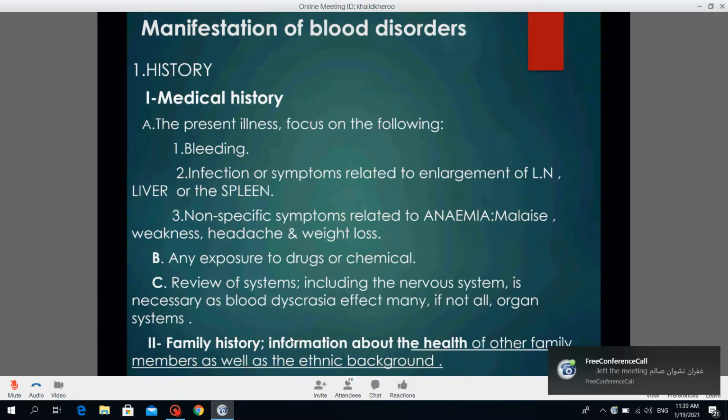Physical examination. The important point again to concentrate on when examining a patient presented with a blood disorder, definitely you have to examine the patient thoroughly, that is general examination, and then you proceed to systemic examination, that is system by system.